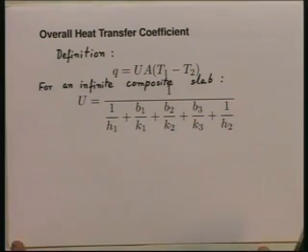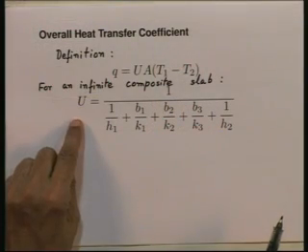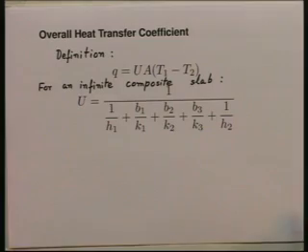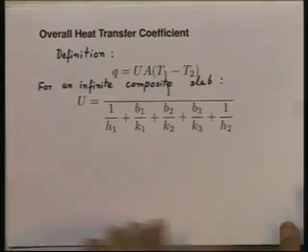So, what we have done is we have defined a term called overall heat transfer coefficient, and for the infinite composite slab case I have given you the expression for the overall heat transfer coefficient for that case, since we have just derived an expression for heat flow rate across an infinite composite slab.